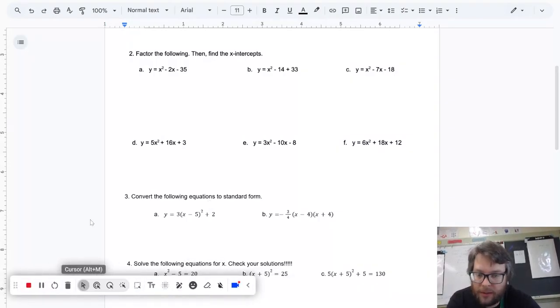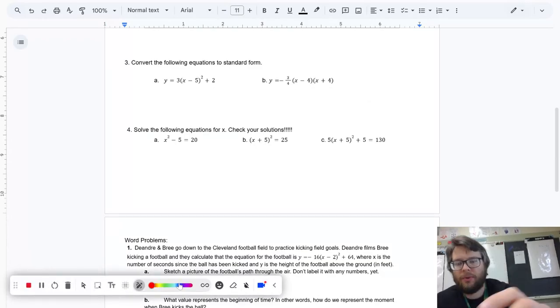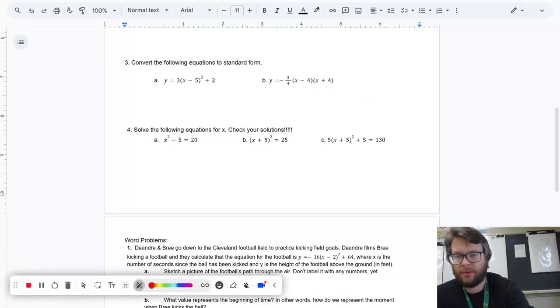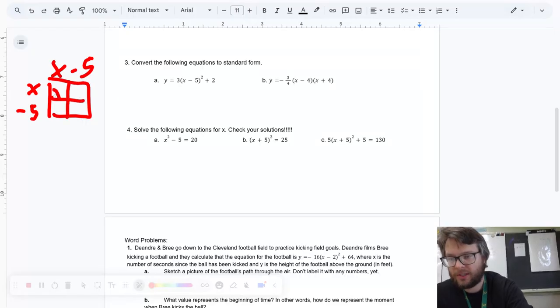Let's move on down. Convert the following equations to standard form. If you multiply out x minus 5 squared, x minus 5, x minus 5, please don't make the mistake of telling me that's x squared minus 25. You've got a negative 5x, and another negative 5x, and a positive 25.